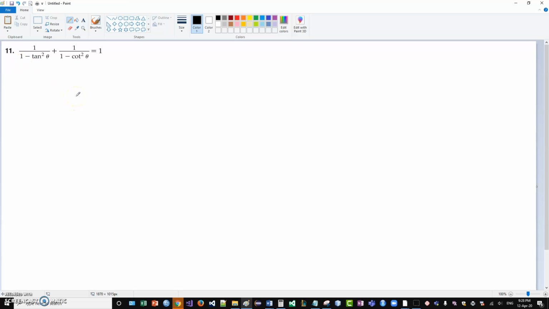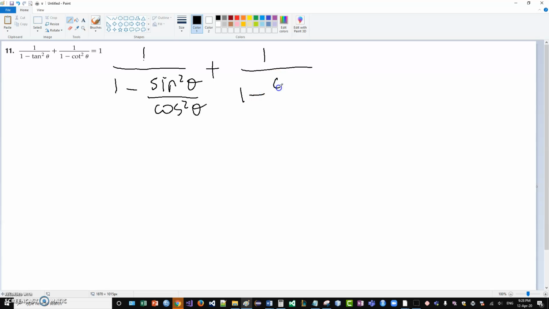So let's replace tangent with sine over cosine and cotangent with cosine over sine. So it's 1 over 1 minus sine squared theta over cosine squared theta plus 1 over 1 minus cosine squared theta over sine squared theta.